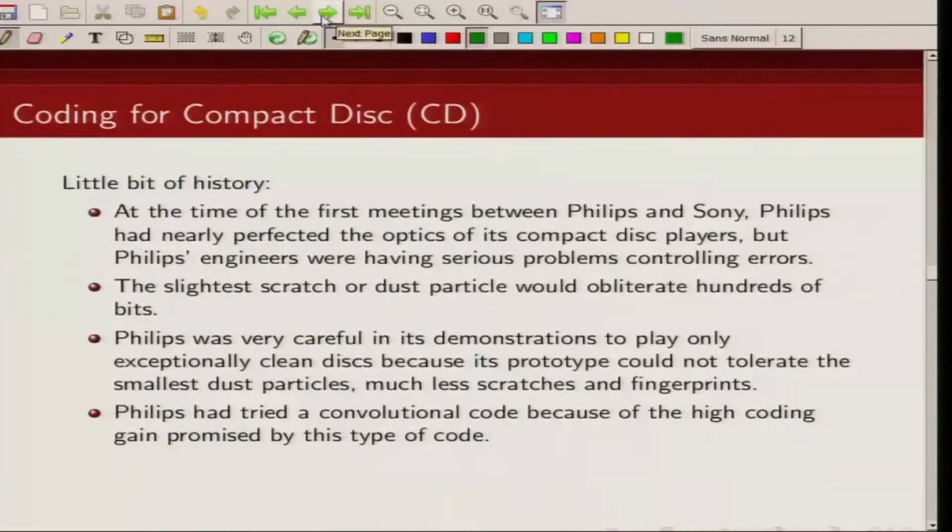What Philips was actually doing was trying a convolutional code to correct errors because of the high coding gain provided by that. But the problem is, this storage channel is like an erasure channel. If there is a scratch, neighboring bits get affected and the data there is erased. So convolutional codes are not good at correcting erasures, and that's why they were initially not successful.